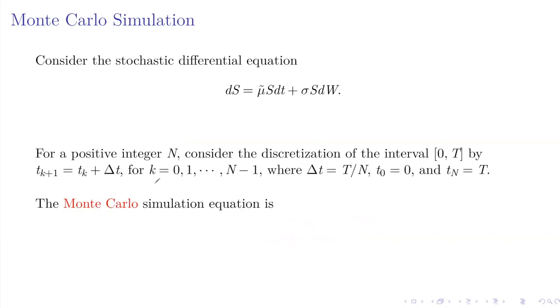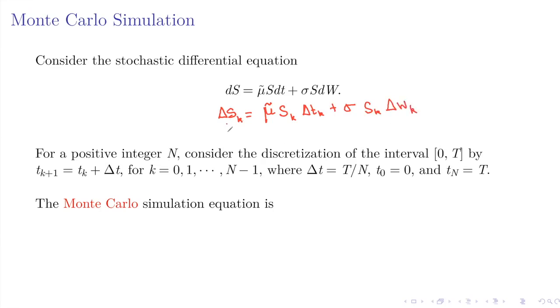With these discretized grid points, we will now set up a numerical method, which we will call Monte Carlo simulation. The idea is to replace the operator dS by the approximation delta S, which is equal to mu tilde S_k delta t_k plus sigma S_k delta W_k.